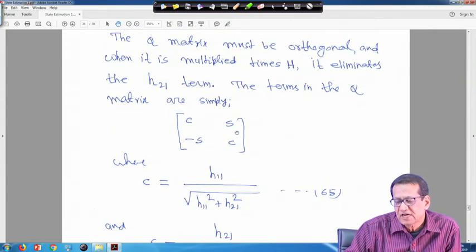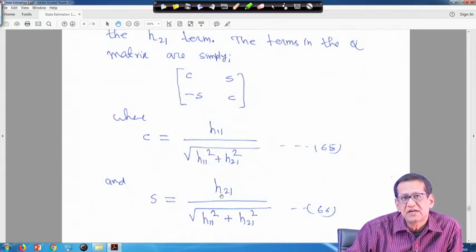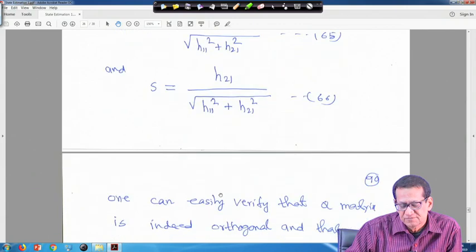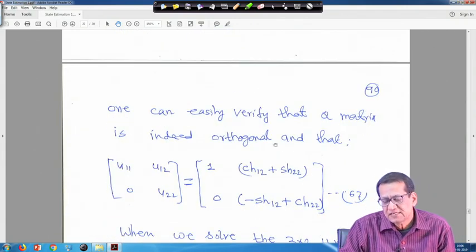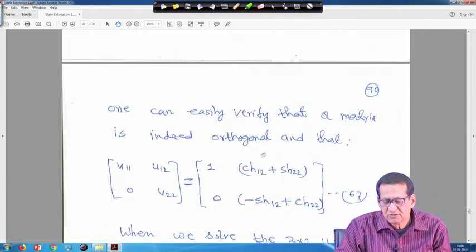So, this way the terms of the Q matrix are simply this, where C and S are defined like this. One can easily verify that the Q matrix is indeed orthogonal.